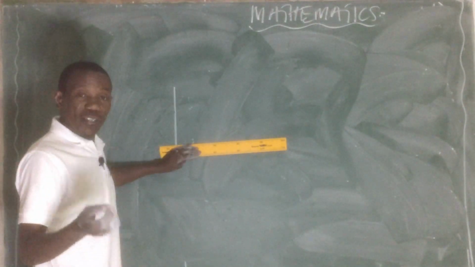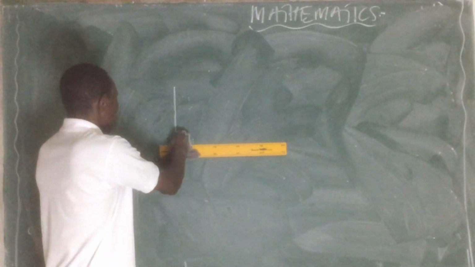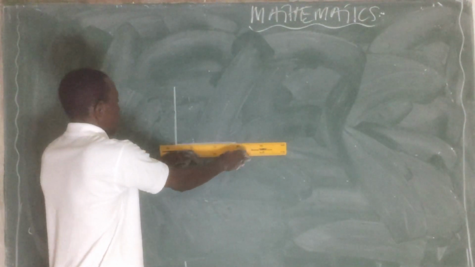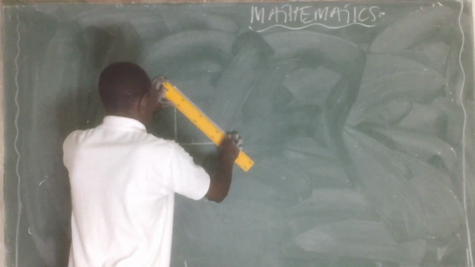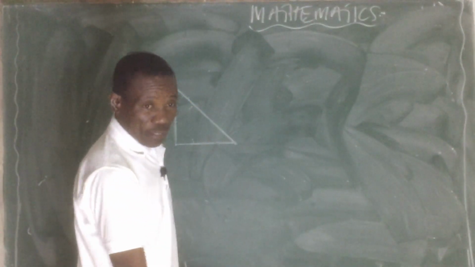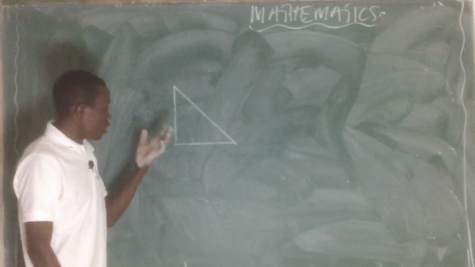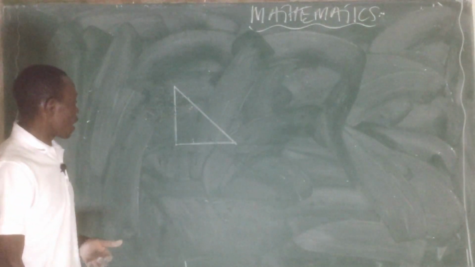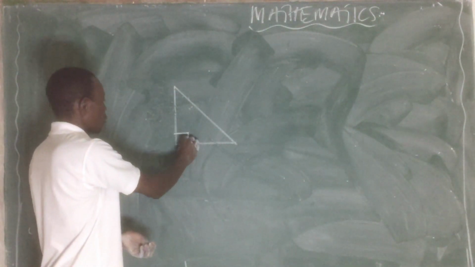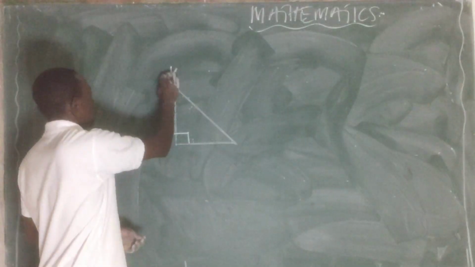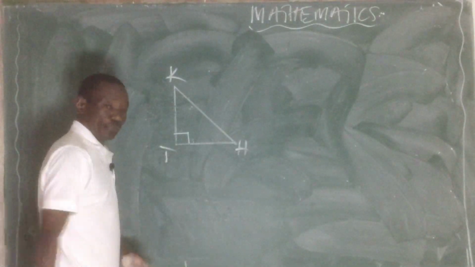So let us draw a triangle which is right angled at one point. So it means just a sketch. So bear with me. But in your case where you are, at least you can relax and do things exact, following my explanations or the procedures. So here is my right angle triangle, let me describe it, KTH.